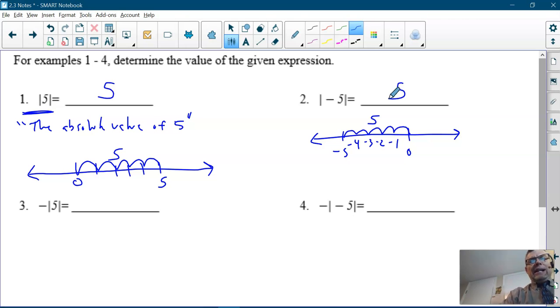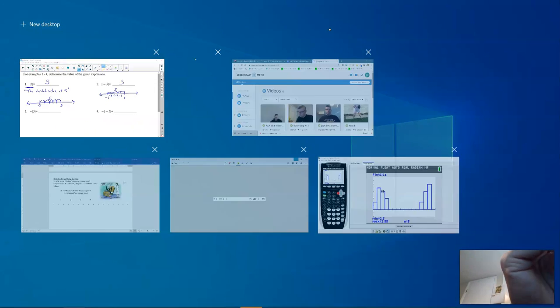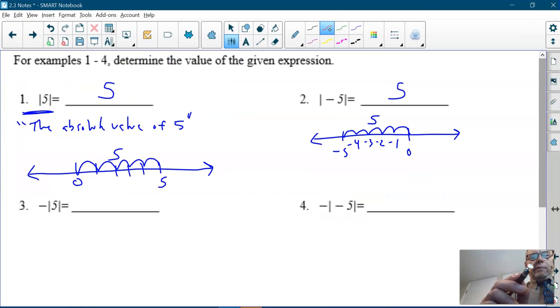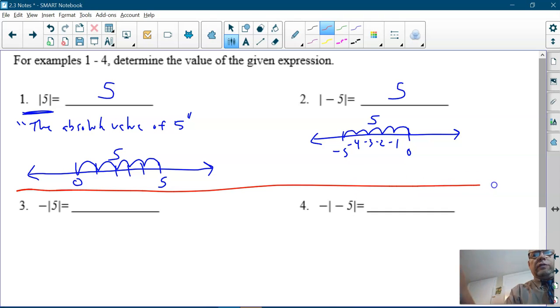All right, now moving on to problem number 3, and I'll change up colors just because I can, and maybe create a little separation between what we've done so far and what we're about to do. So here on number 3, the way I would read this is, first it says negative absolute value of 5.